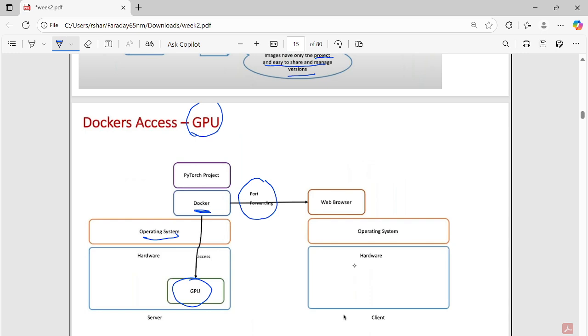So the system from where we are trying to run this Docker, and then we go to the project through the web browser, and we can work on the Jupyter notebook, and the overall idea is working with Dockers.